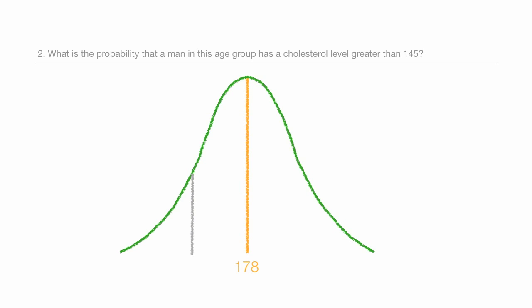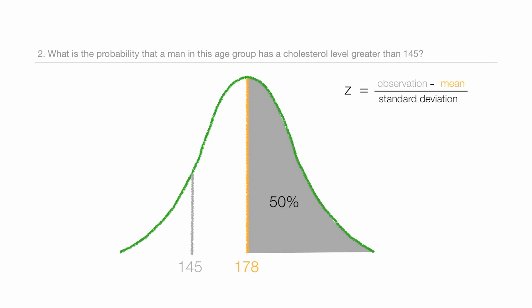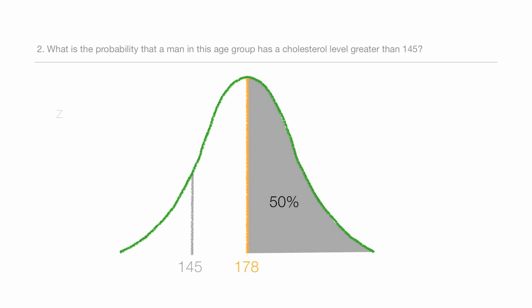The way we solve this one is, it's all the area to the right of 145. Everything to the right of 178, we already know, which is 50%. We're going to use the same z formula as we used before.